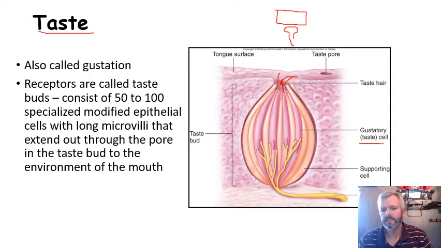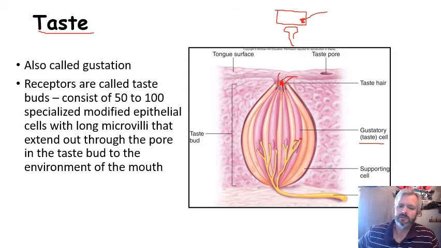Okay, these are specialized epithelial cells, and you can see each of these cells is going to have a sensory neuron associated with it. So when this cell gets activated, if it's strong enough, it's going to release neurotransmitter to the sensory neuron, and it's going to elicit an action potential in that sensory neuron.